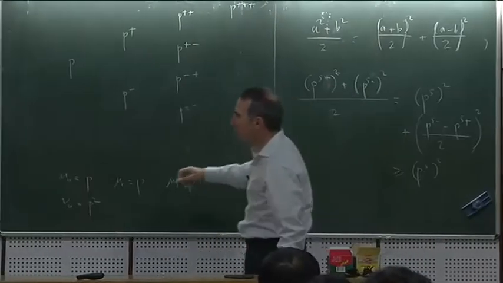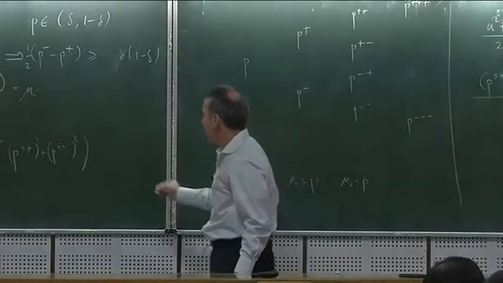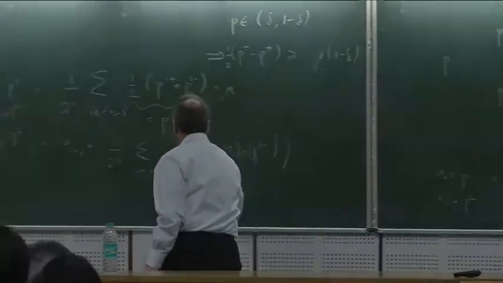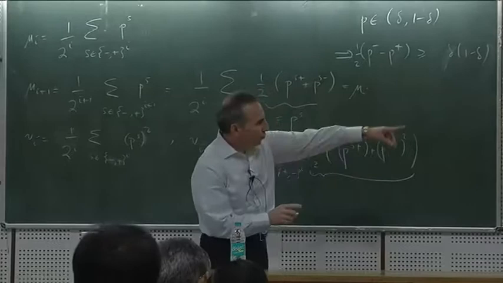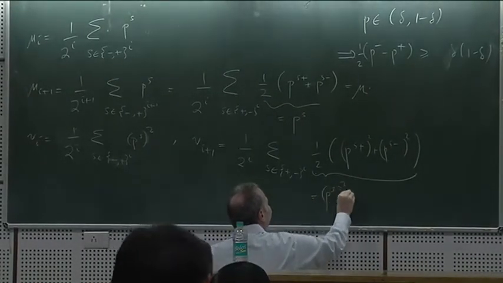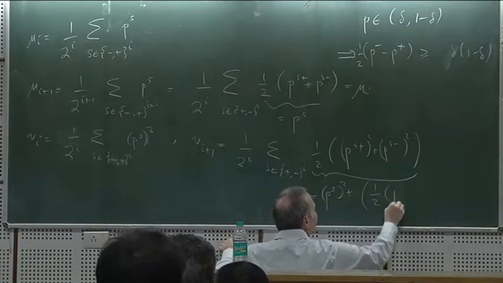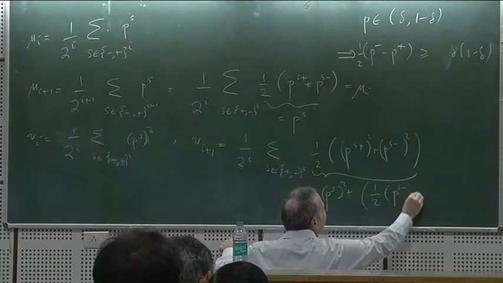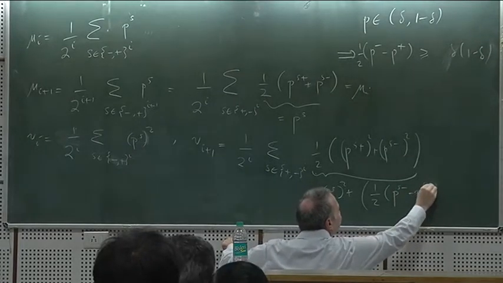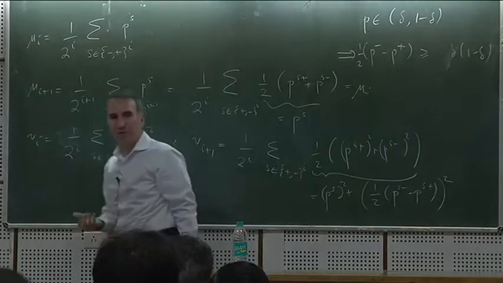So now we have seen that this is equal to the quantity we just computed, which we said was bigger. So this is ps squared plus the square of the half of the ps plus minus ps minus, squared.